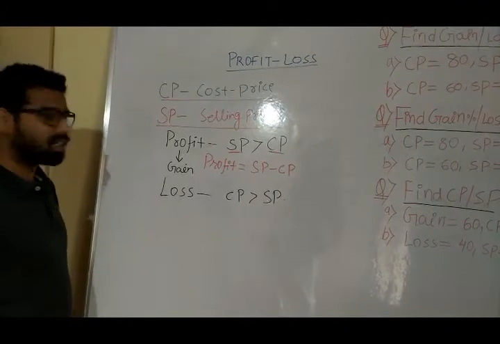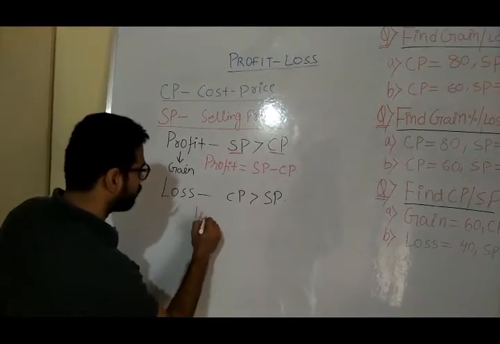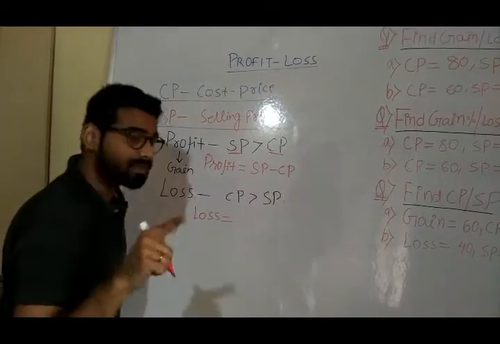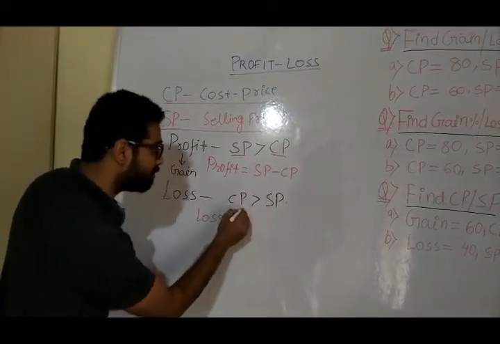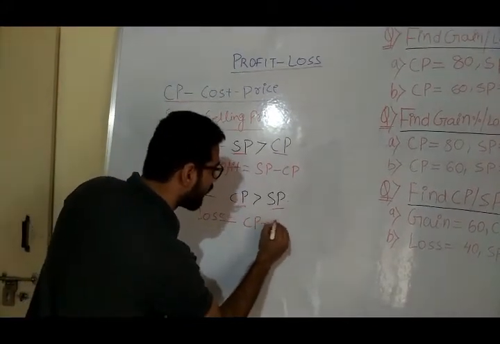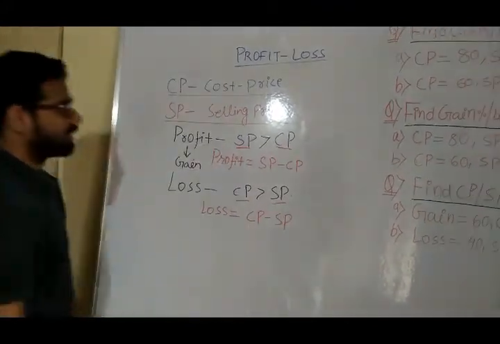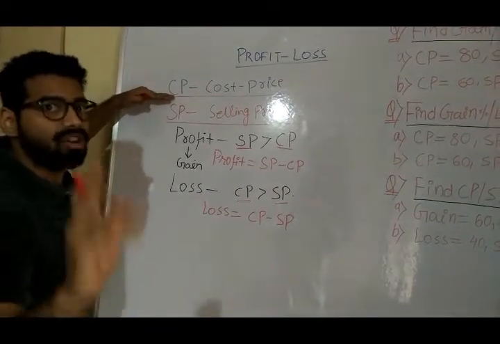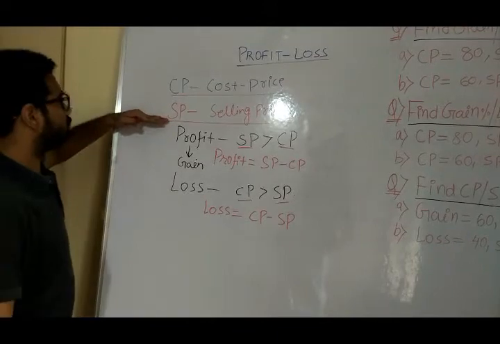How much profit we earn? Same for loss. Here we have CP greater than SP, so we have CP minus SP. Simple. So what we know: the original price of any item is the cost price. The price at which we sell any item is the selling price.